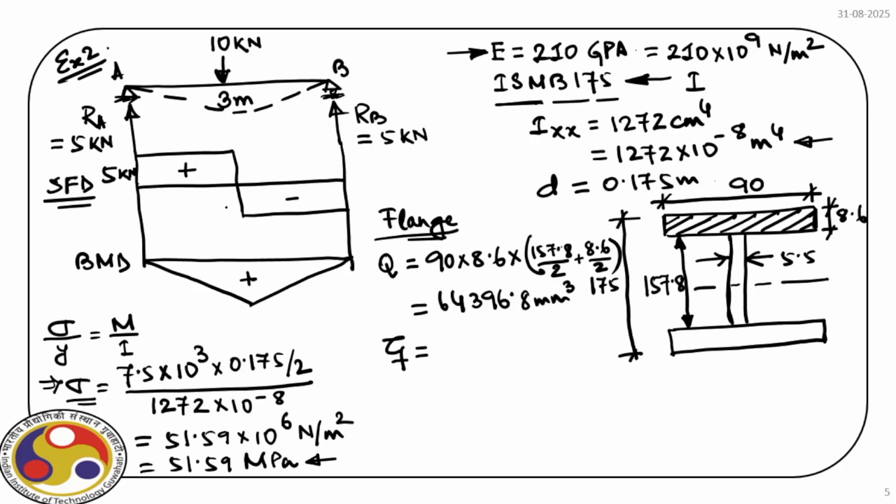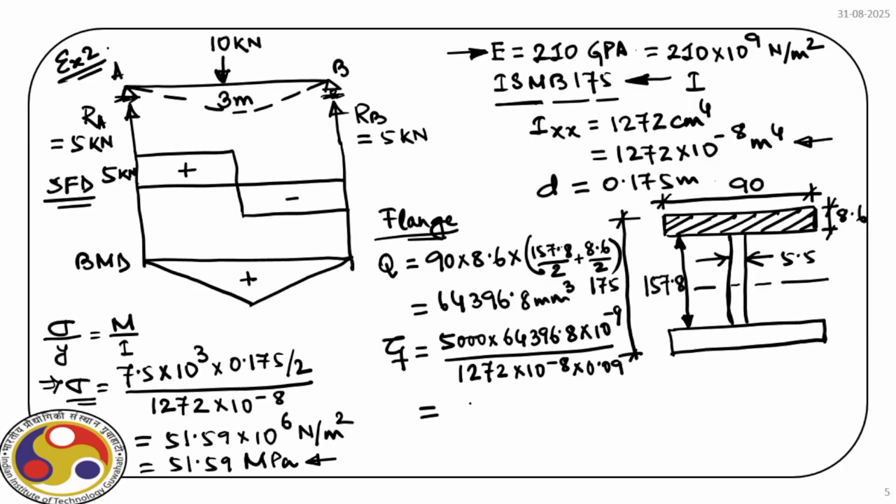Our V is 5 kilonewton, so we have 5000 Newton times Q, which is 64396.8 into 10 to the power minus 9, divided by I, which is 1272 into 10 to the power minus 8, times B, which is 90 divided by 1000.